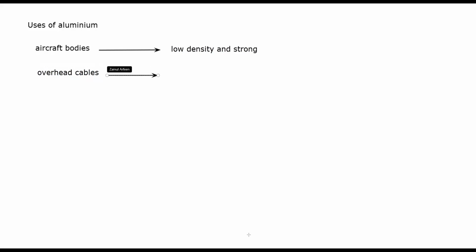Conduct electricity, that's one thing. And again, because high tension wire is elevated above the ground, it should be easy to lift them. So good conductor and low density.